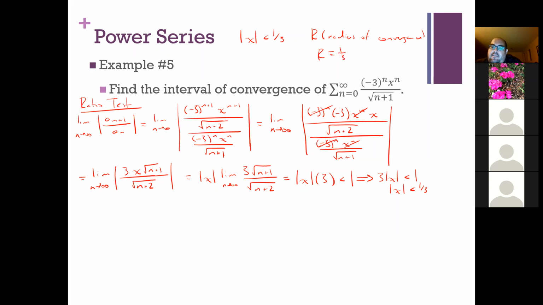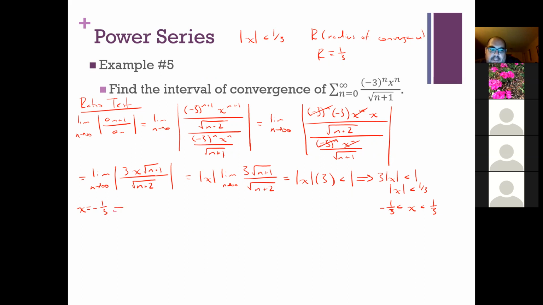So basically, I already know this for sure: when x is strictly between -1/3 and 1/3, this series converges. So what do I need to do now to finish analyzing this? Plug in -1/3 and 1/3 to the series. Right. So now we need to evaluate what happens at the ends of this interval.